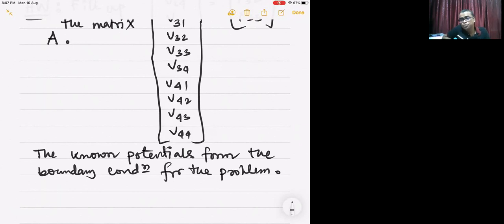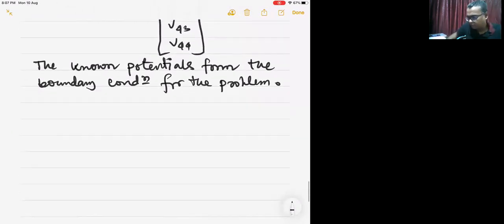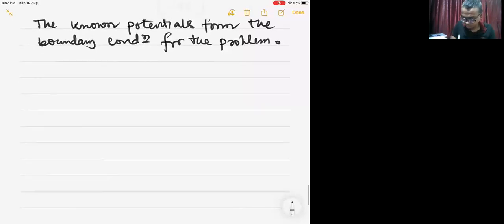So why don't you do this homework? And maybe together with that, you try and do this homework also, where we have one more point added. So the number of cells has increased by one more.